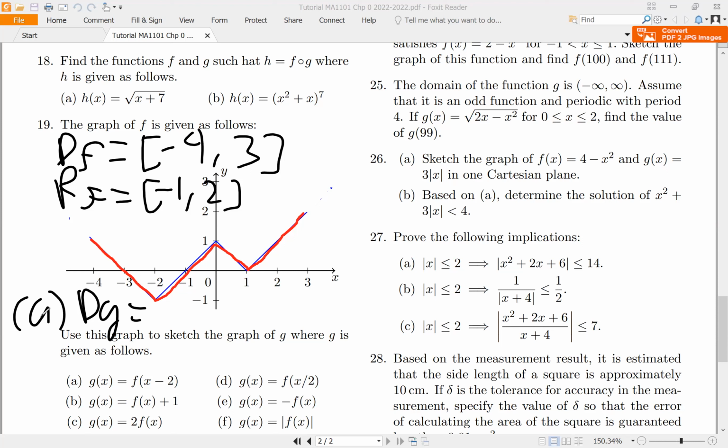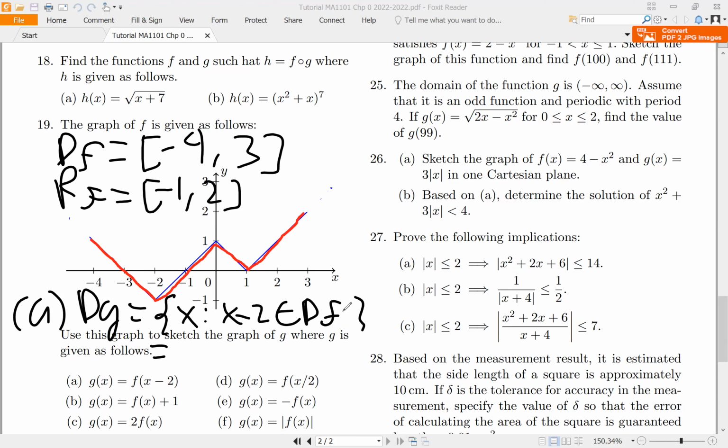Let us use the composite function approach. In this case, the domain of G will be the set of numbers x for which x minus 2 is computable. Since we want to calculate f of x minus 2, then x minus 2 should be in the domain of f.